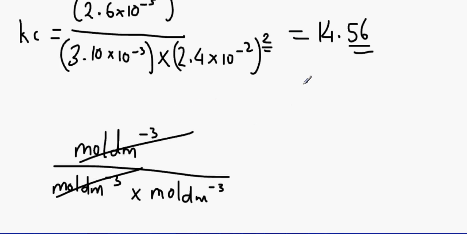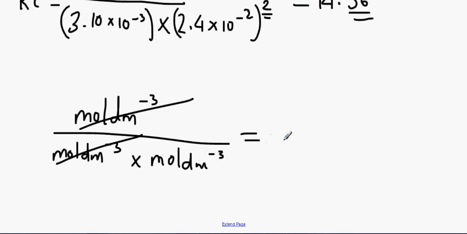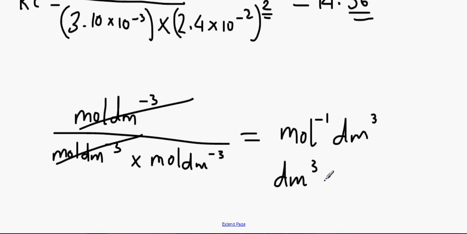If you do maths, you can prove that, but let's not go into that. And that will leave us with mole per decimeter cubed, but we need to flip it over, so it will be mole minus 1 decimeter cubed. Okay, if you need any more help with that, please browse through my other videos where there should be one explaining how to actually get this.